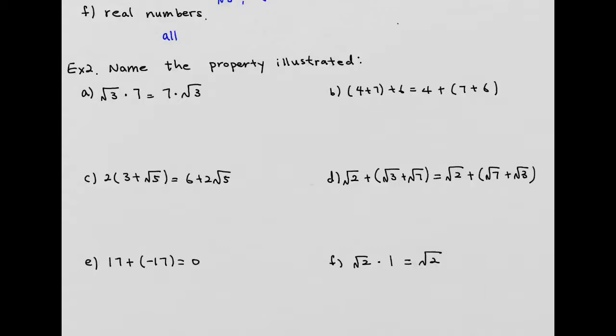The only thing different between the left side and the right side is the order of the numbers, right? Square root of 3 was first on one side and second on the other. This is going to be the commutative property. Since we're looking at multiplication, it's the commutative property of multiplication.